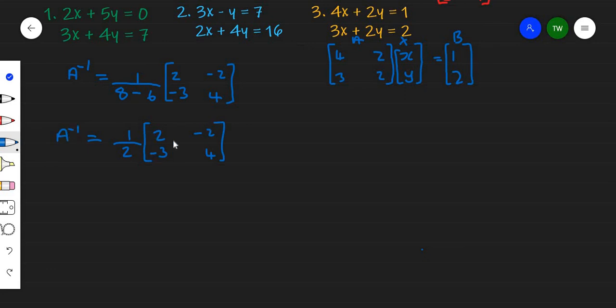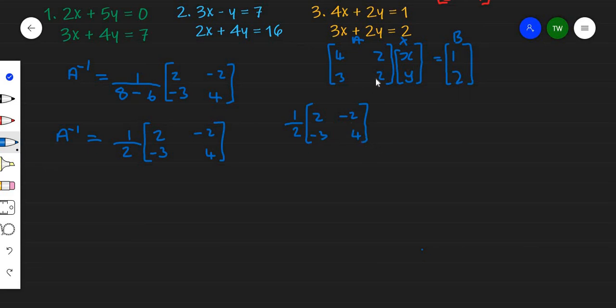At this stage, you're going to take A inverse to multiply both sides of the equation. Alright, so it's going to be 1 half, 2, negative 2, negative 3, 4.